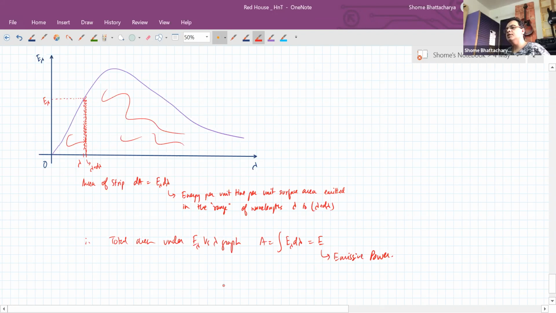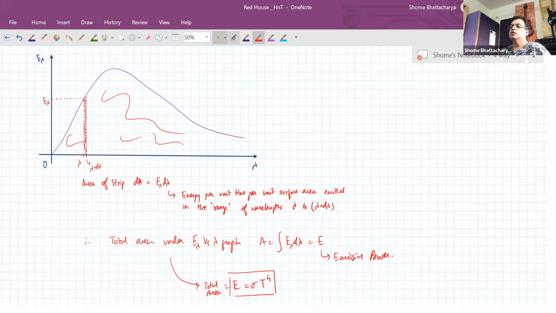That's one important aspect about this graph, that the total area under the graph is equal to E, which is proportional to T to the power 4.